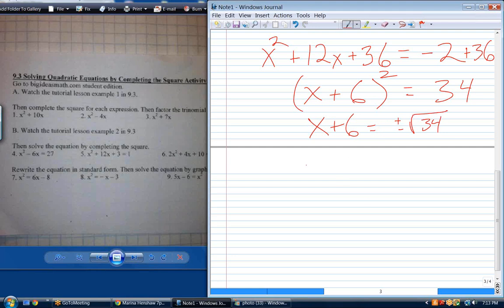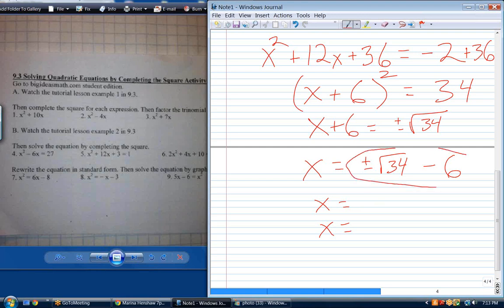So now what is x equal to? x equals plus or minus the square root of 34 minus 6. So give me both solutions for x. I don't know the square root of 34. No. By both solutions, I mean this is kind of a combined answer.